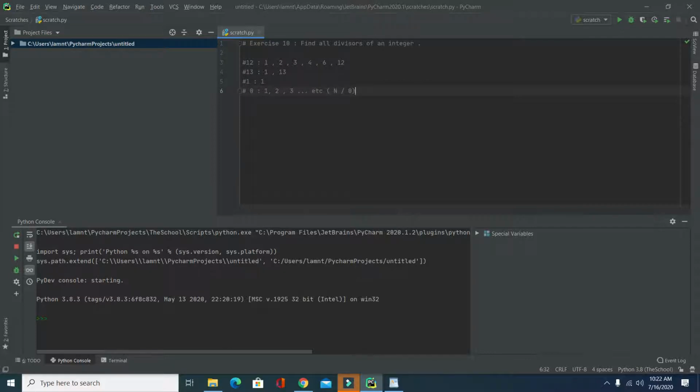So now we have to input the integer, so we will say number, right? So now we want to input the integer.